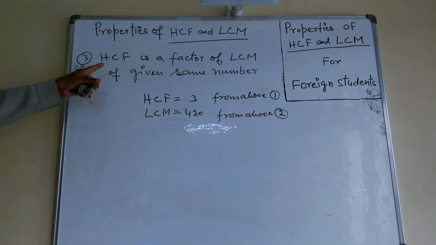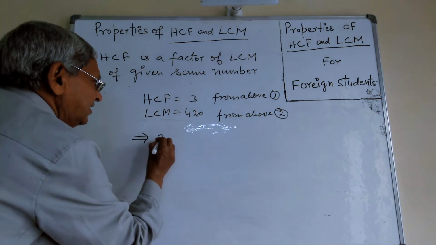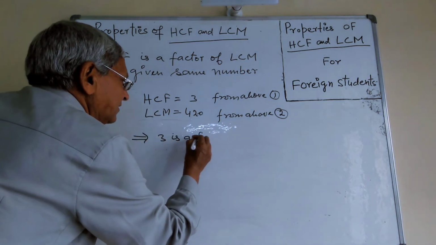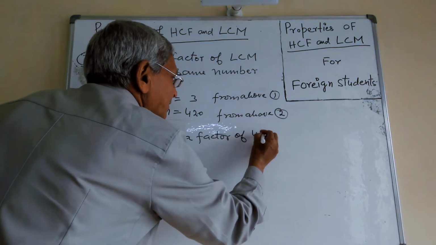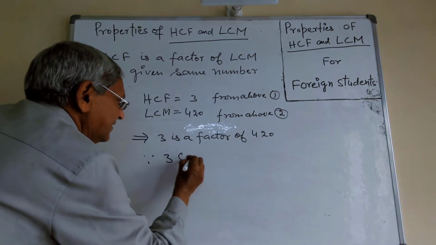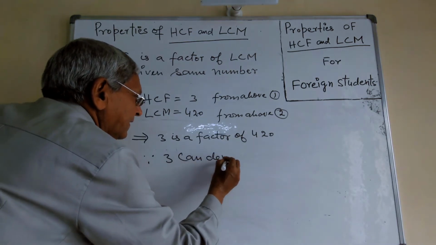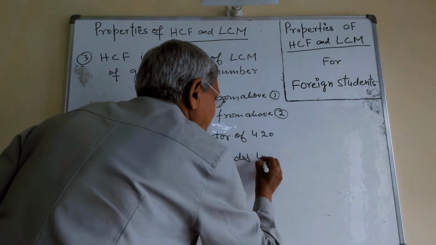So what is this property? HCF is a factor of LCM of given same numbers. This implies 3 is a factor of 420 because 3 can divide 420.